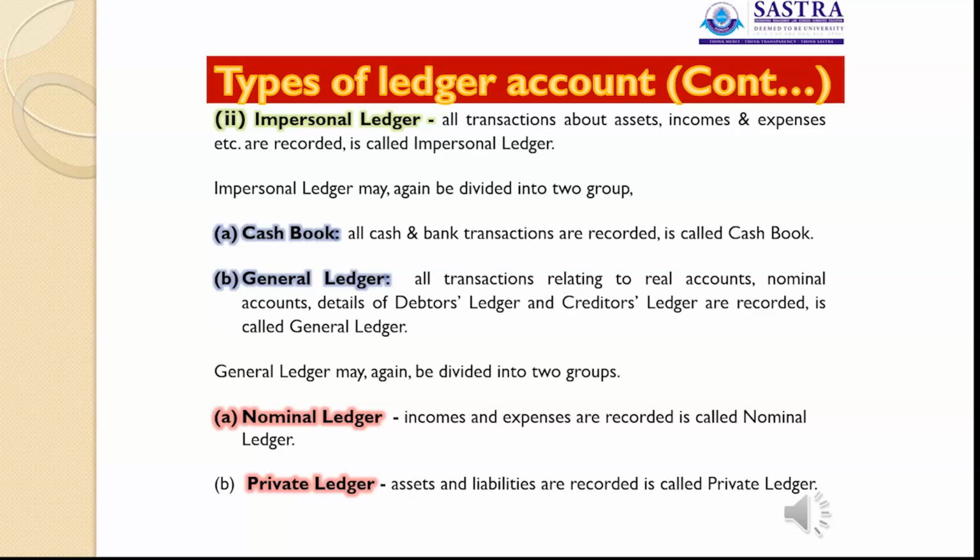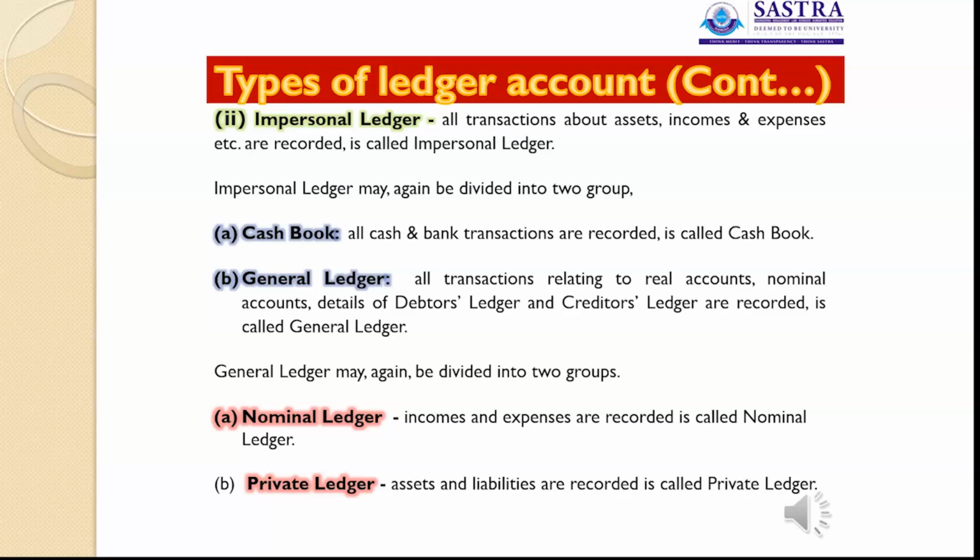General ledger is the ledger where all transactions relating to real accounts, nominal accounts, details of debtors ledger and creditors ledger are recorded.